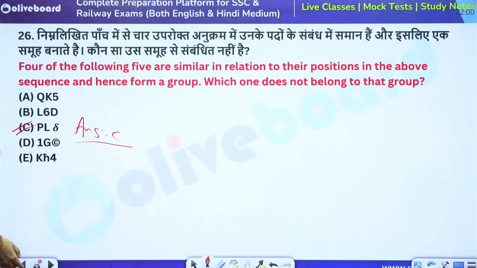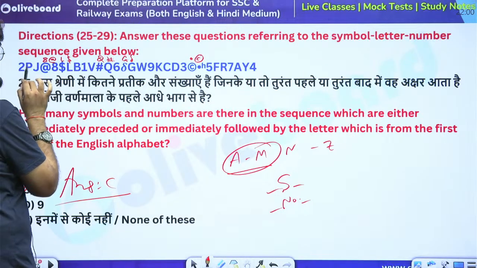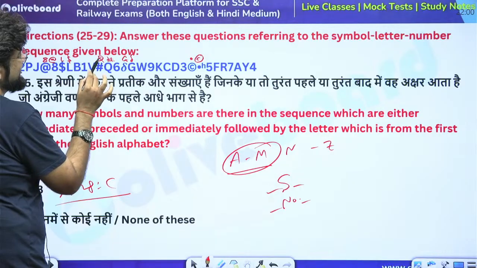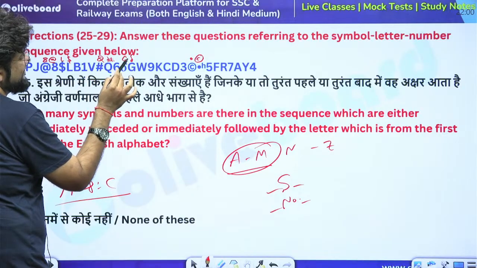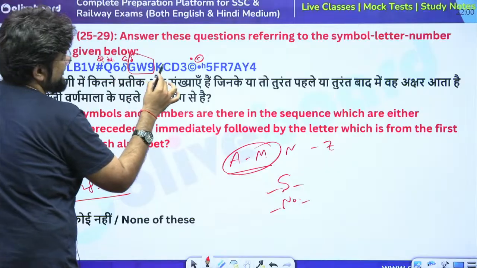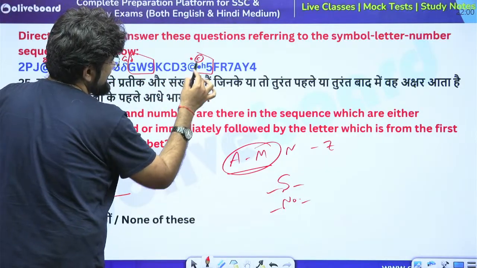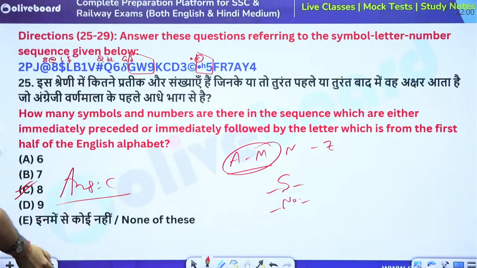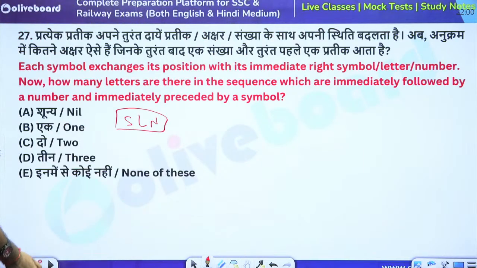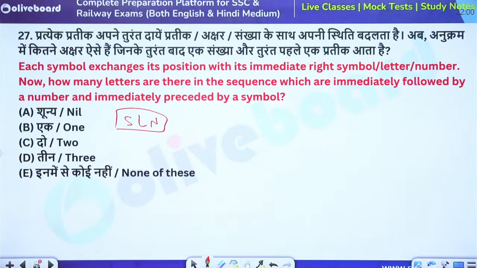Symbol, letter, number. Symbol, letter, symbol, no. Symbol, letter, number. We have this one. Symbol, letter, number. So we have only 2.